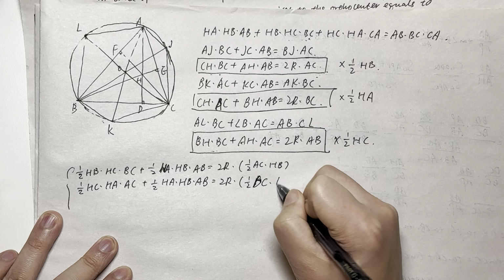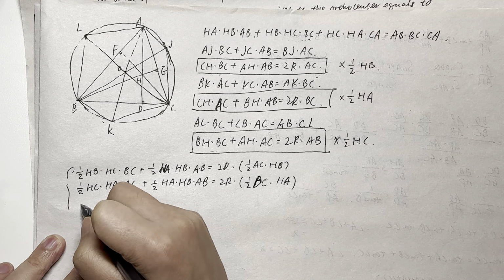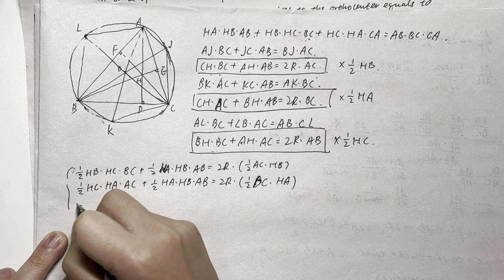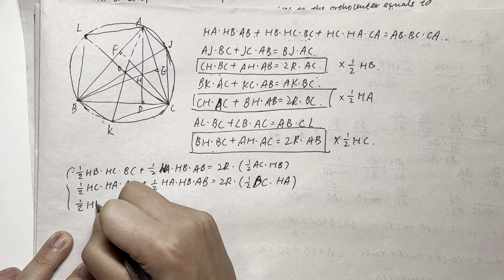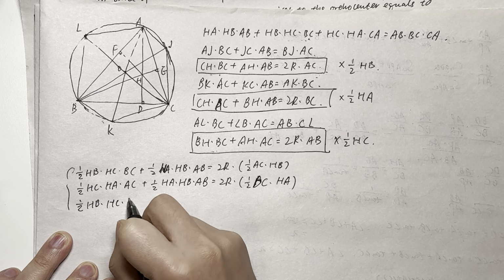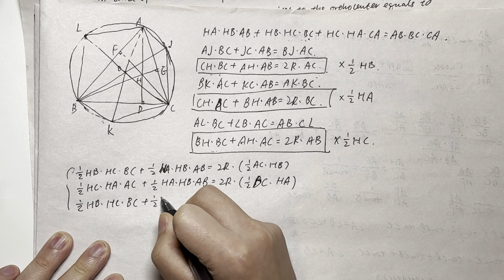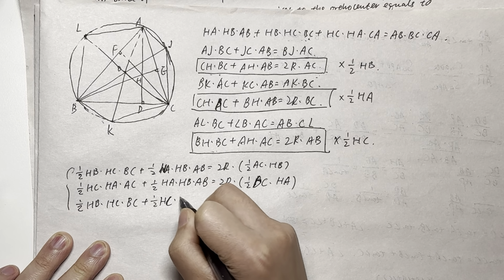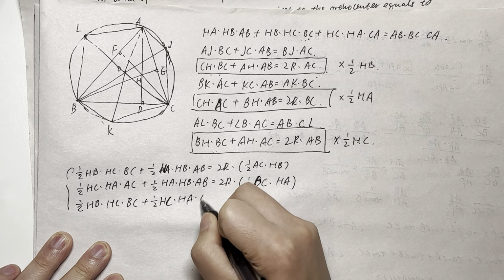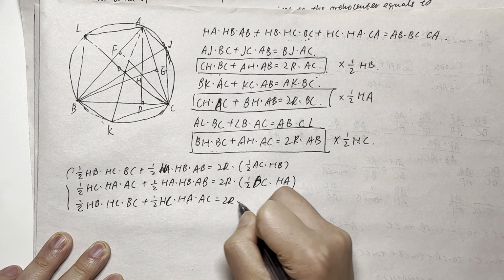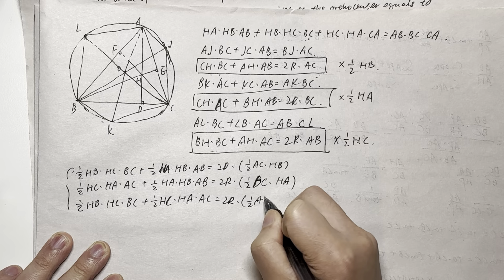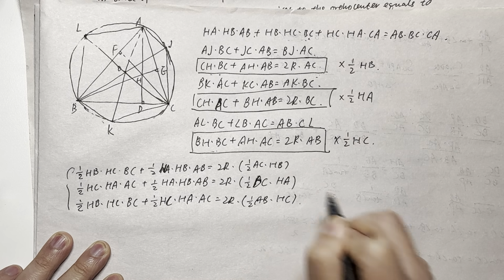BC times HA. And for the third equation, half of HB times HC times BC plus half of HC times HA times AC equals 2R times half of AB times HC, right?